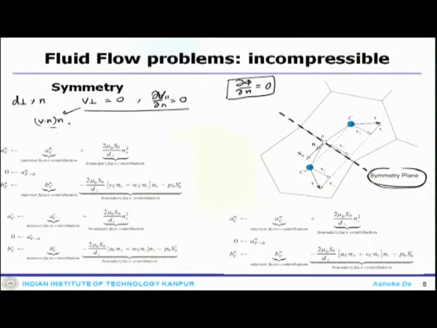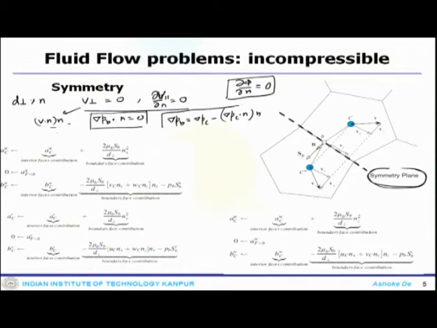Now, also since it is a symmetry condition, pressure will also satisfy that del Pb dot n equals 0. So, the pressure gradient is also going to be 0, and the pressure at the symmetry boundary can be extrapolated using the condition like delta Pb equals delta Pc minus delta Pc dot n n.